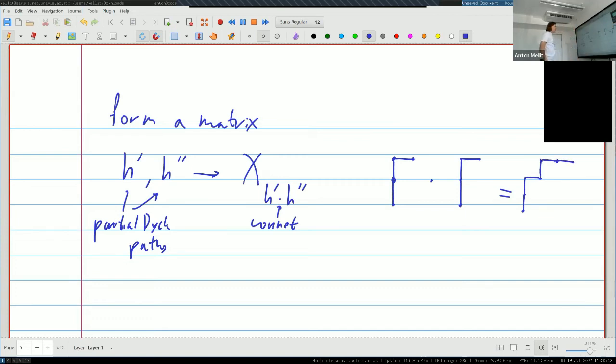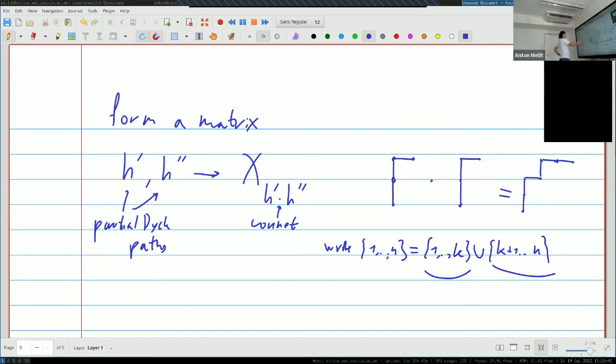Cumulatively, you could say that you write the set 1 to n as a union of two sets, and then you consider all possible unit intervals over the first and over the second. So you have this matrix corresponding to all pairs of h prime and h double prime.